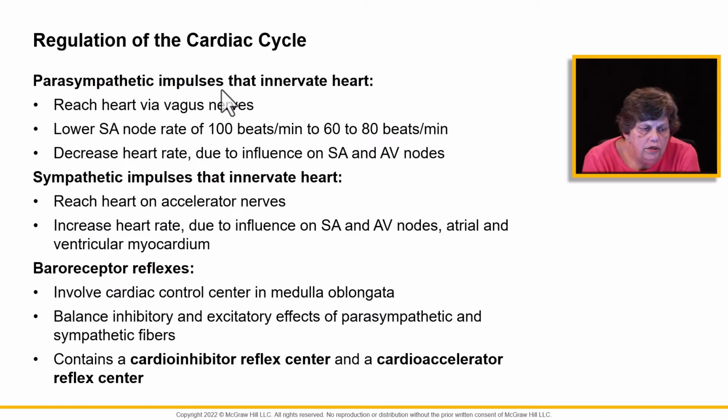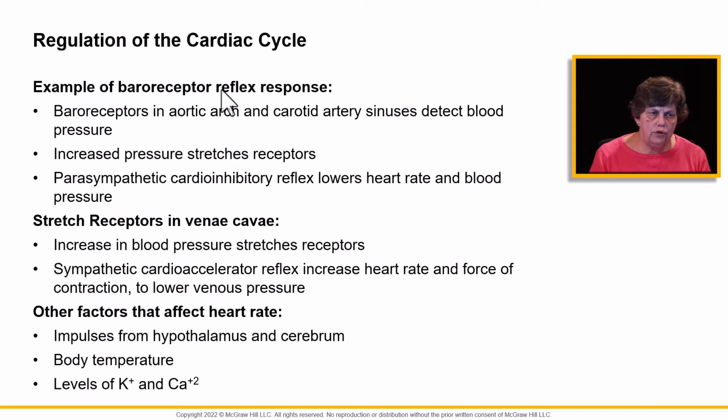You do also have these reflexes, a couple reflexes. You have baroreceptor reflexes. These are in the medulla oblongata also. And basically what you have is a cardio-inhibitory reflex center and a cardio-accelerator reflex center. And basically, these are baroreceptors or pressure receptors. We are looking at is the pressure too high, the pressure too low.